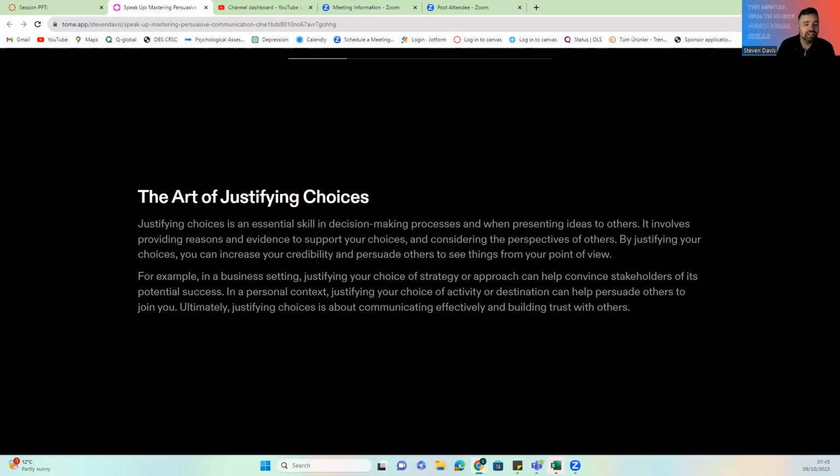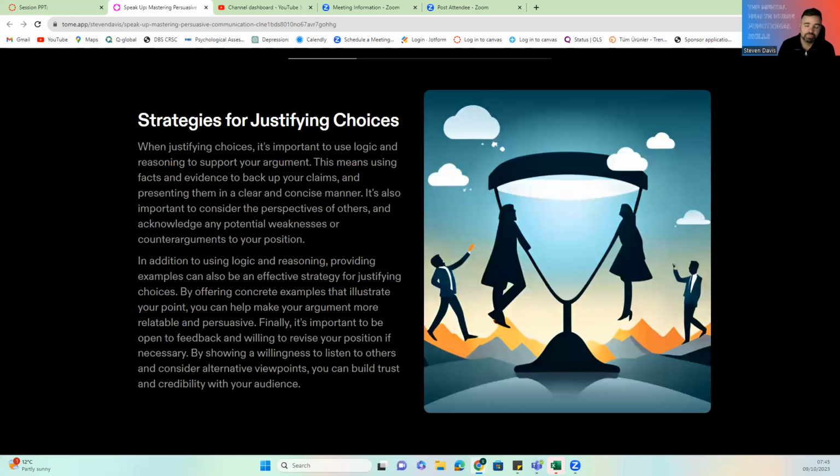For example, in a business setting, justifying your choice of strategy or approach can help convince stakeholders of its potential success. In a personal context, justifying your choice of activity can be persuasive to others to join you. Ultimately, justifying choice is about communicating effectively and building trust with others.